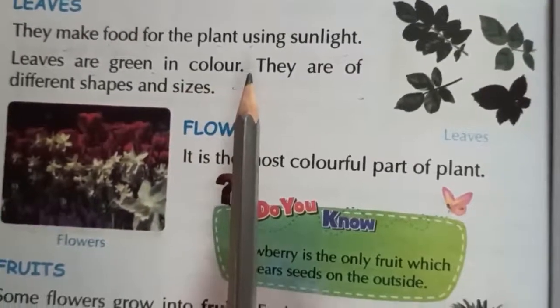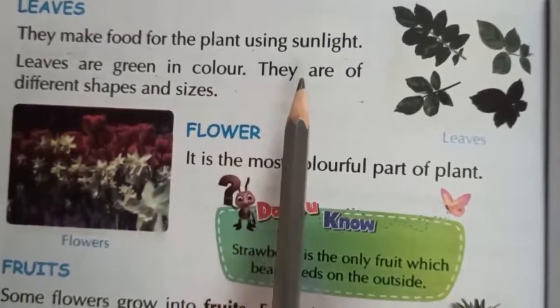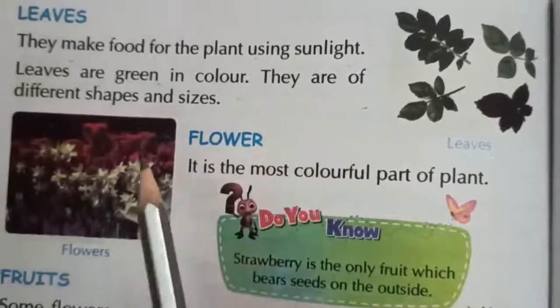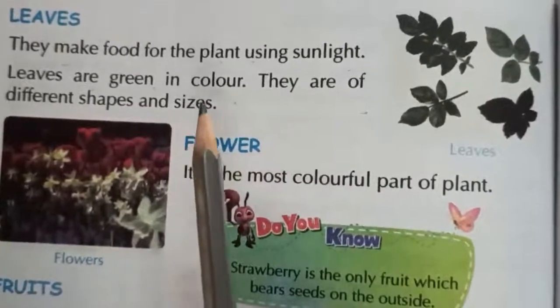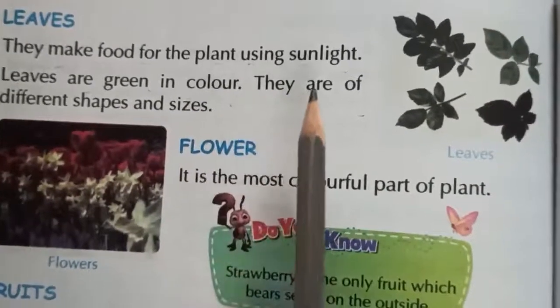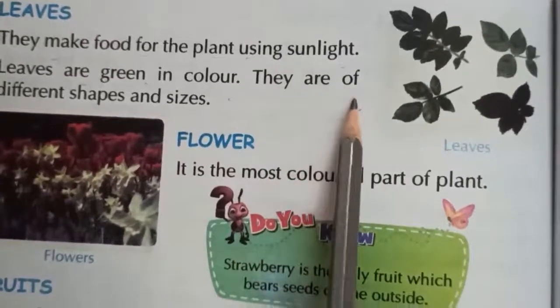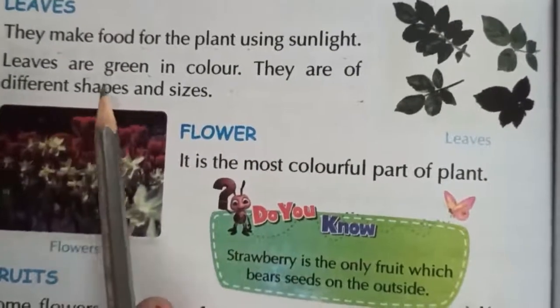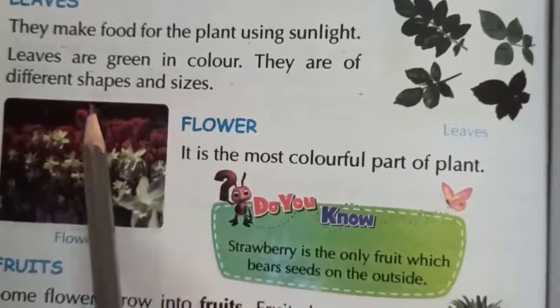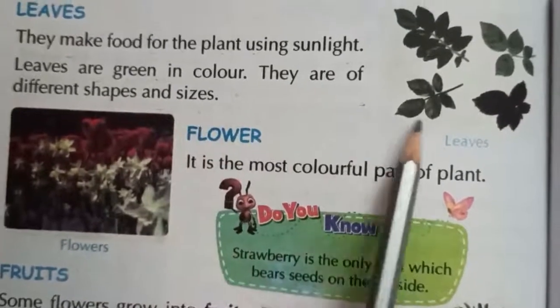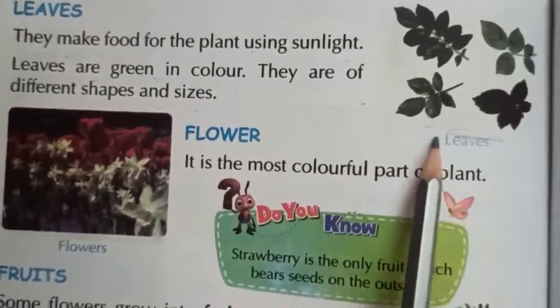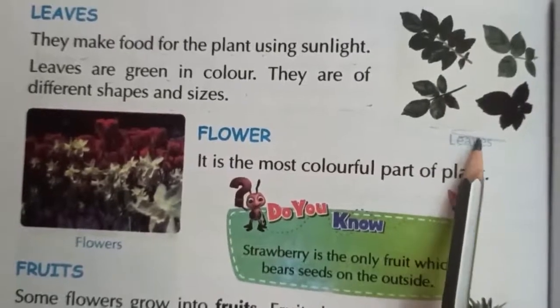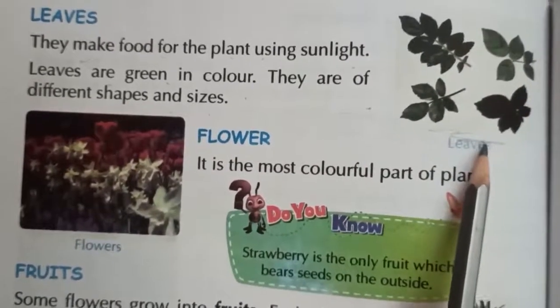They cook food for the plants with the help of sunlight. Every plant has different sizes, colors and shapes of leaves.